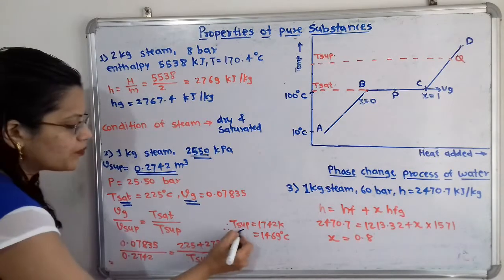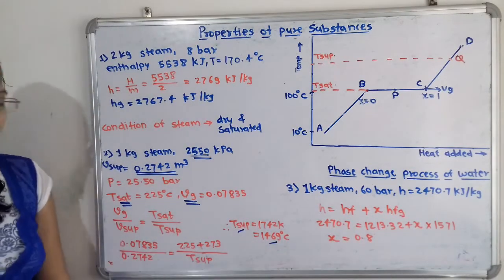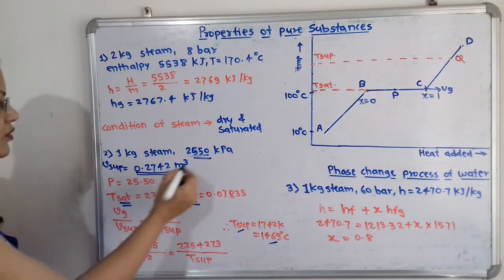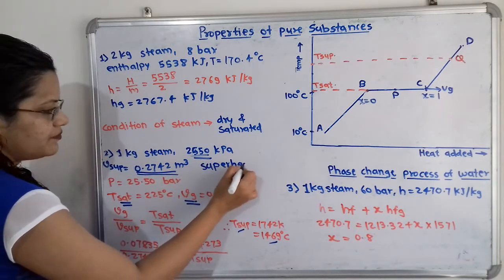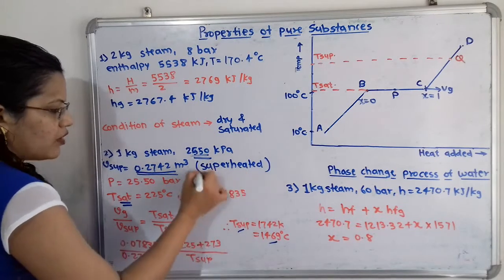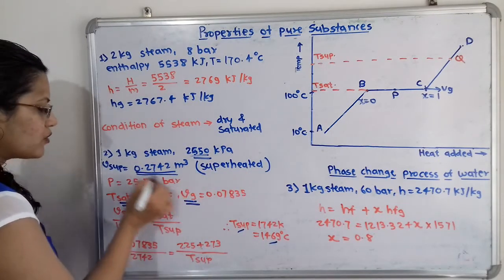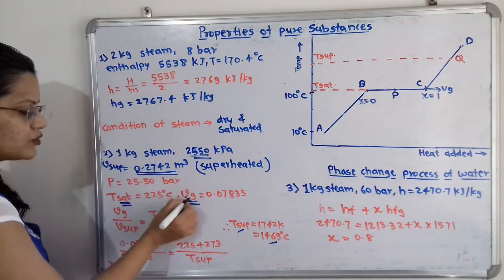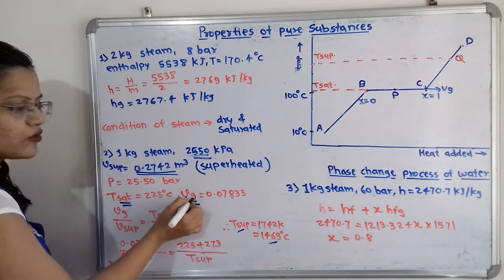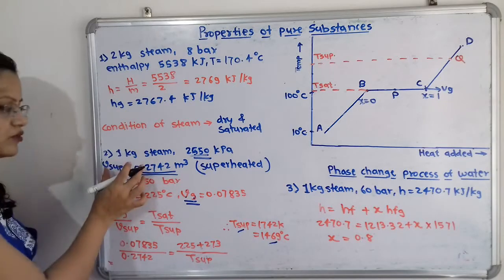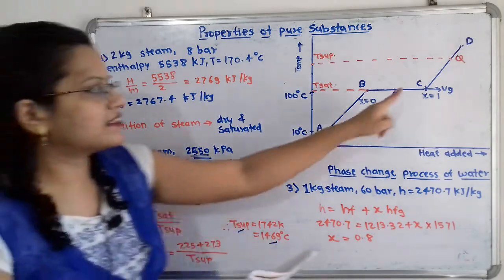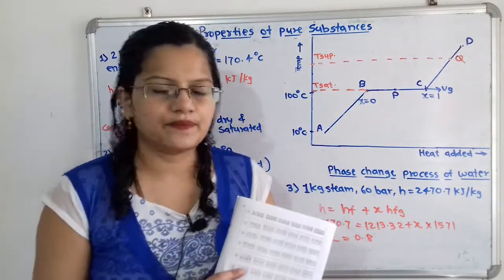So this is the superheated temperature, and we can say that the condition of the steam is superheated steam. How do we compare? We compare the specific volume. This is the specific volume for dry and saturated vapor, and this volume is much larger. So volume increases as we add heat.